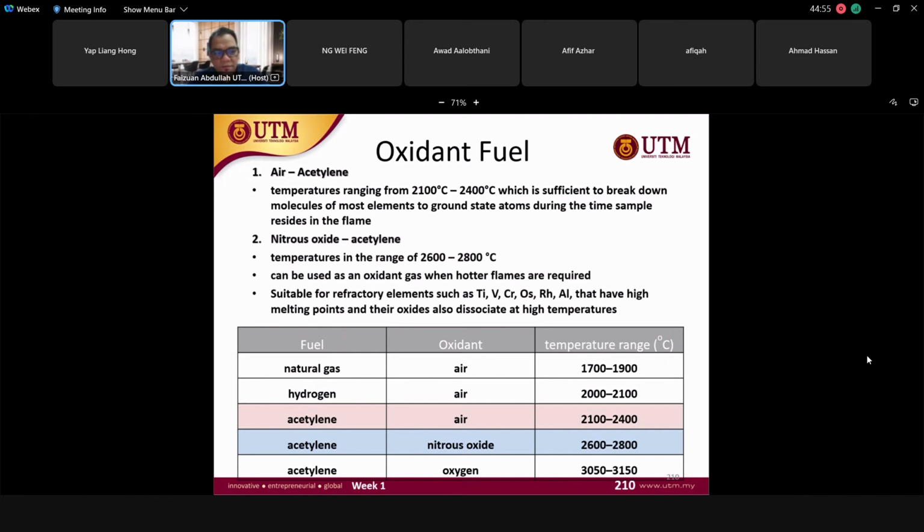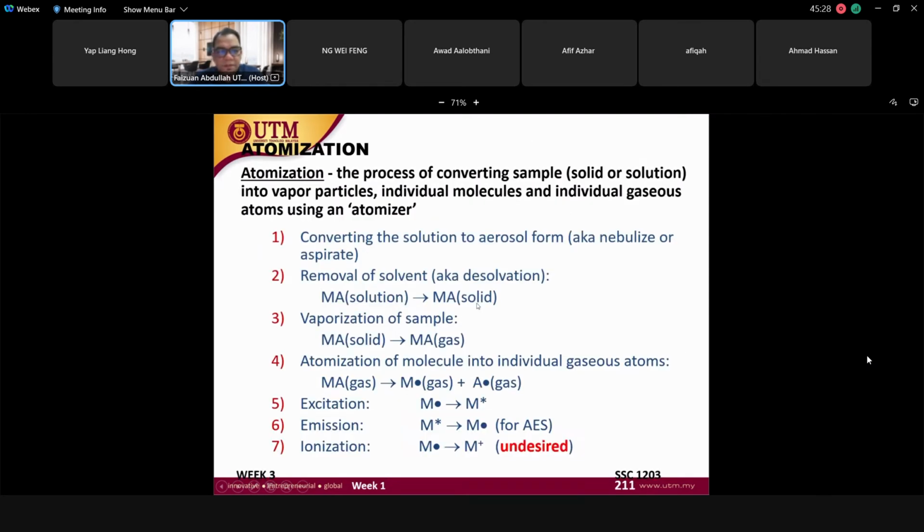And the second one is much hotter than air acetylene, which is nitrous oxide and acetylene, with a temperature ranging about 2600 to 2800 degrees Celsius. This is the example of the fuel and oxidant combination and the temperature. Normally we use air acetylene and nitrous oxide acetylene combinations in flame AAS.